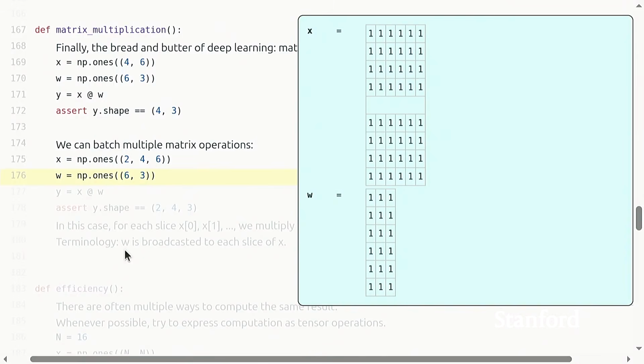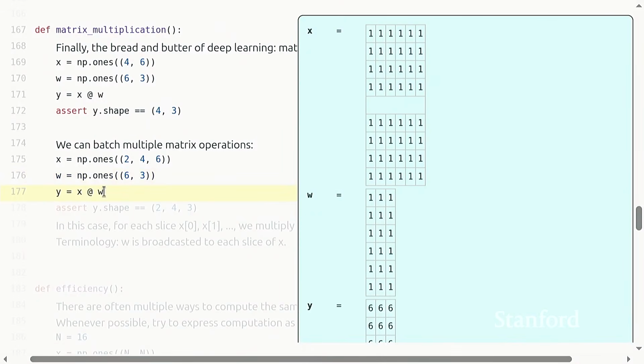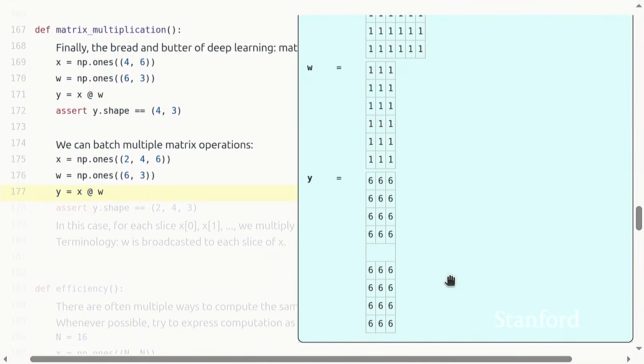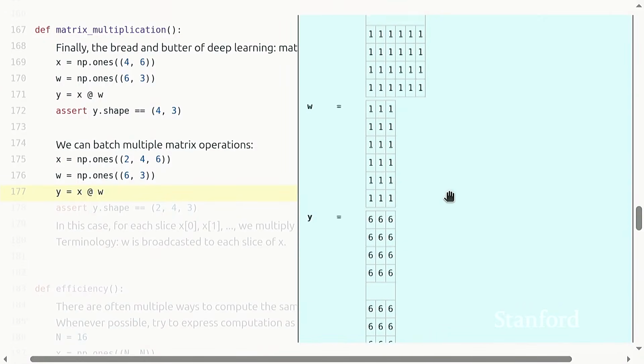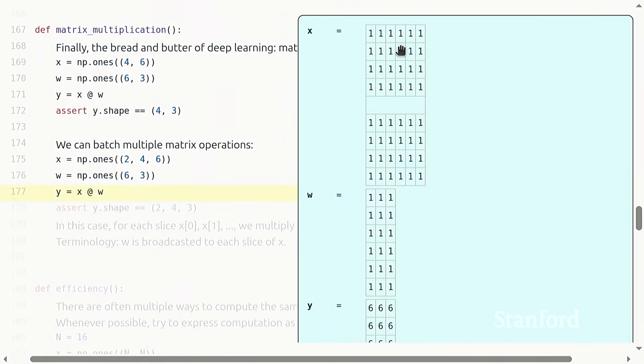NumPy makes this fairly easy. You can just write the same thing, and implicitly it takes every slice with respect to the first dimension and does the same matrix multiplication we did before. That gives us these two matrices, each of which was the result of multiplying one of these matrices.